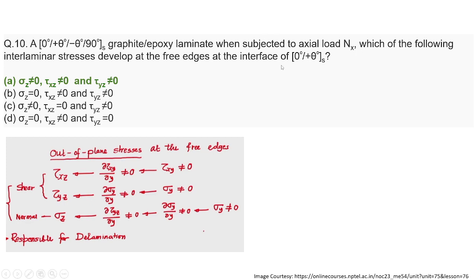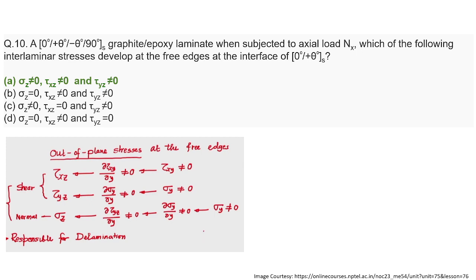As they ask what will be the stress developed at 0 and the angle. As you can see, for an angle the stress in y direction will be 0, but for 0 degree there is a stress in y direction. Because of that, sigma yz and sigma z will be there.